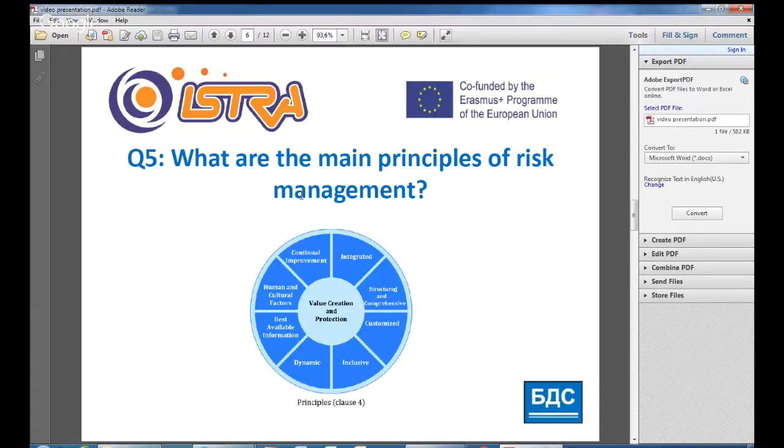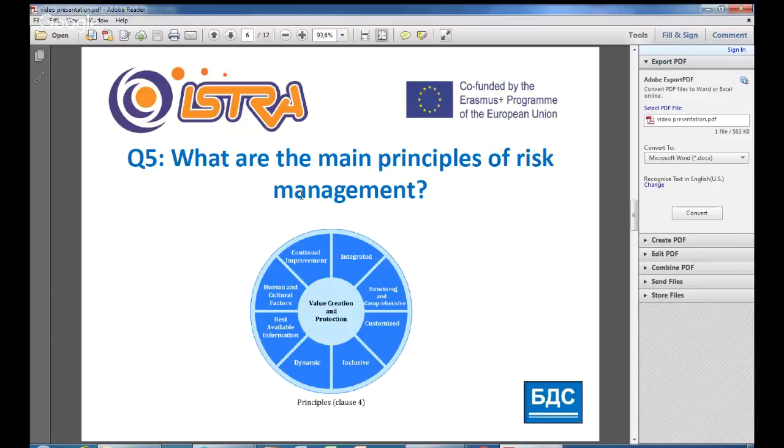The principle of dynamic means that risk management should be dynamic, iterative, and responsive to change. Best available information. Risk management is based on the best available information.